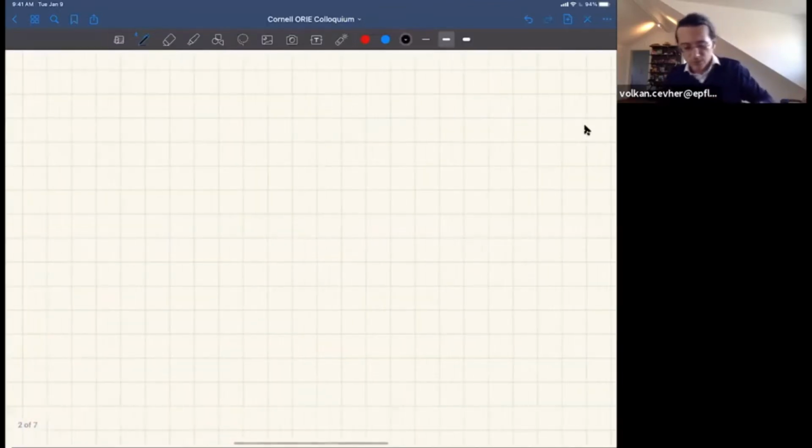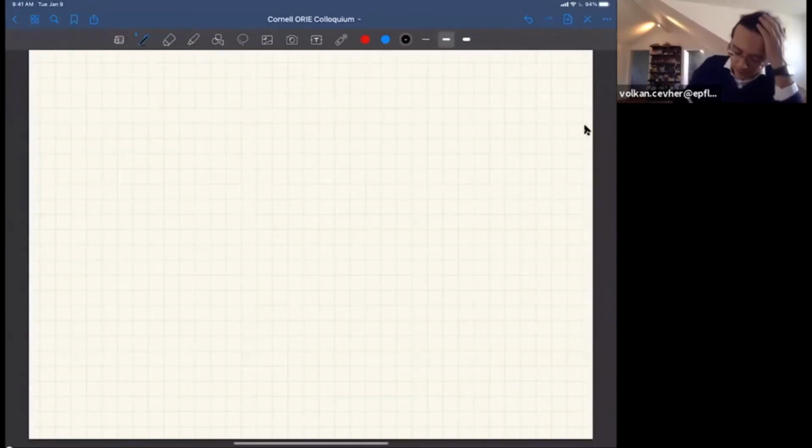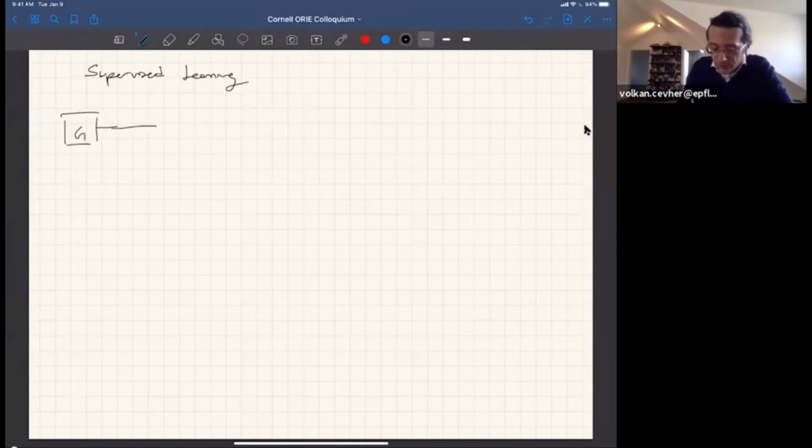Okay. So we'll start with a motivation from statistical learning theory. Let's think about the supervised learning problem. I'm going to use Vapnik's way of setting this up. We have some generator, we have some supervisor, we have a machine learner.